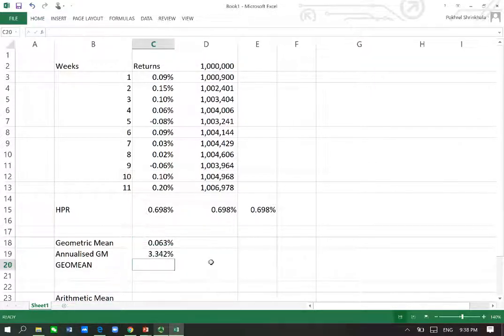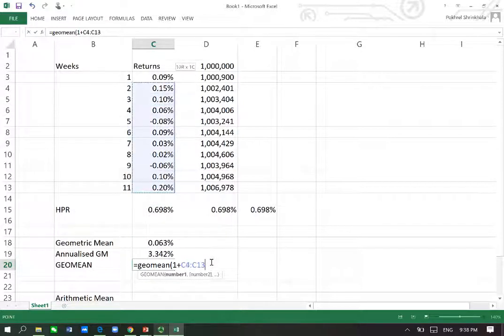Now let me quickly tell you that there is also a function in Excel called geomean, which is also going to give you the geometric mean. But again, you still have to highlight all the cells, and then what you don't need to do is the power 1 over n thing. When you use geomean, you don't need to do this power 1 over 11 thing. You don't need this.